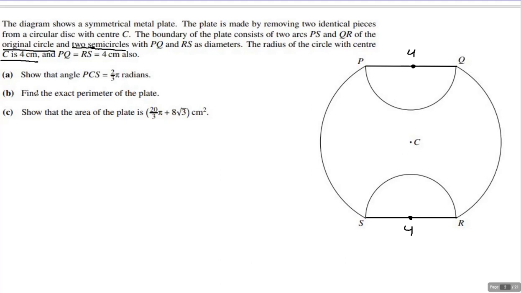So now let's take a look, and it says show that angle PCS is 2/3 pi. So what I'm going to do now is create this angle. It goes from P to C, and then to S. Whoops. What happened there? Let's try to undo that.